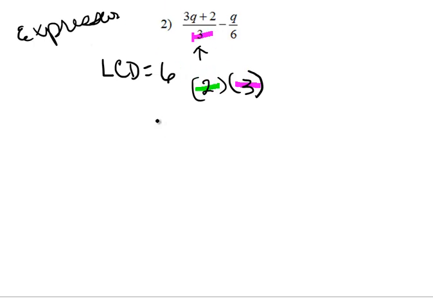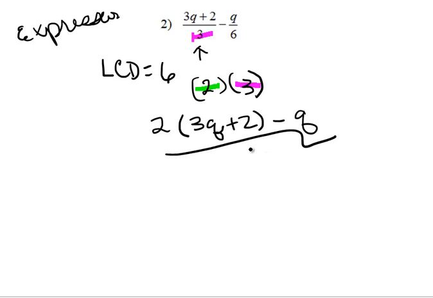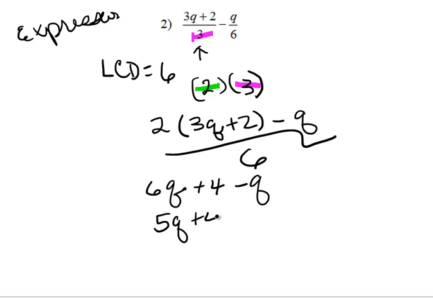And that's going to give me 2 times (3q plus 2) minus q all over 6. And if I distribute that, I'll have 6q plus 4 minus q, which would be 5q plus 4 over 6.